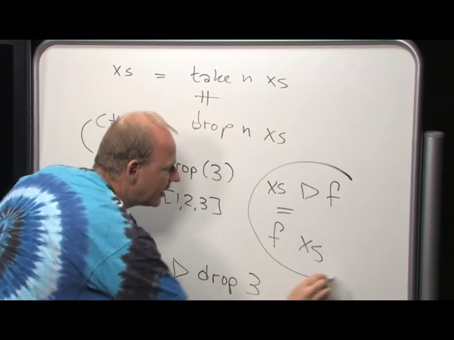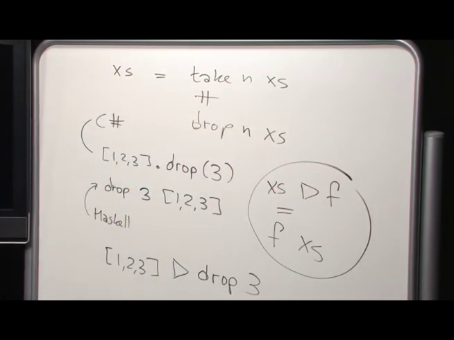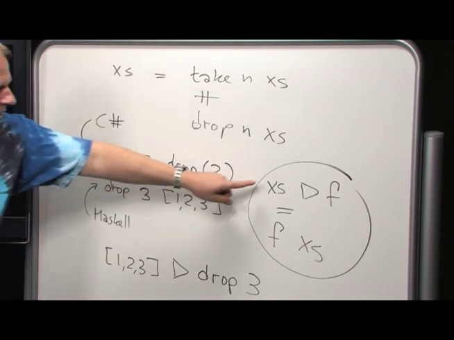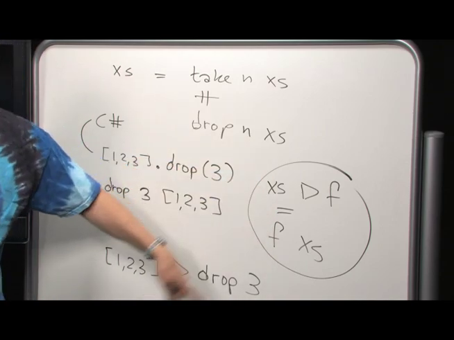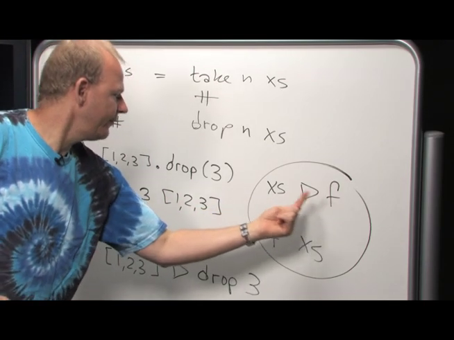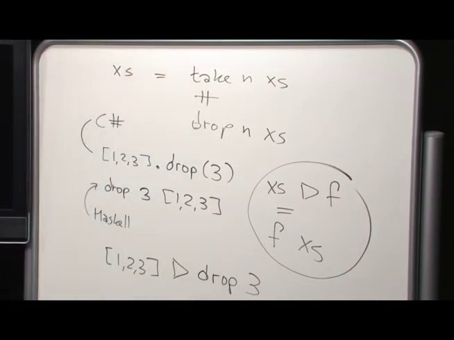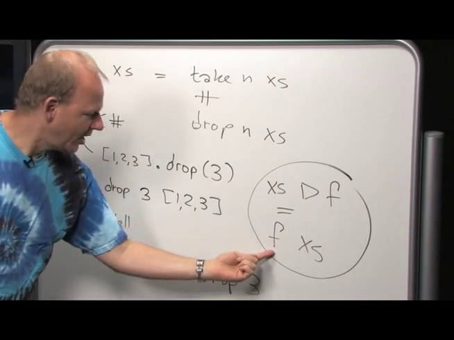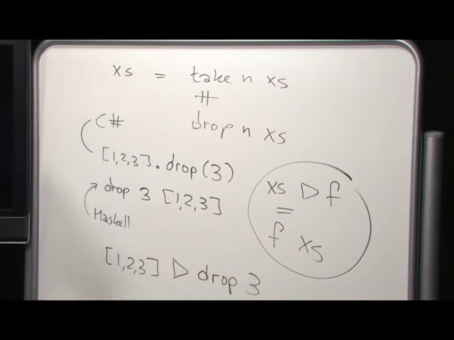So you can define syntactic sugar, just define a little function that allows you, instead of writing it in this weird way, to write it in a more object-oriented way where you're applying the method f to the object xs, which is really what I'm saying. I'm applying the function f to the object xs.